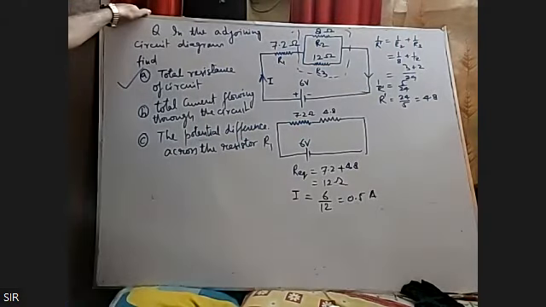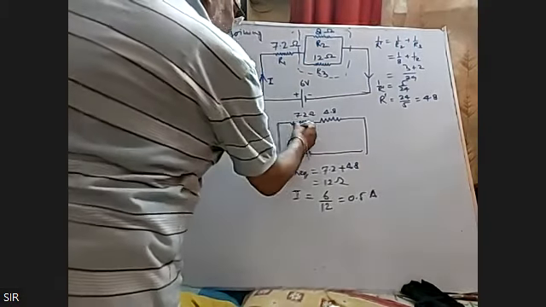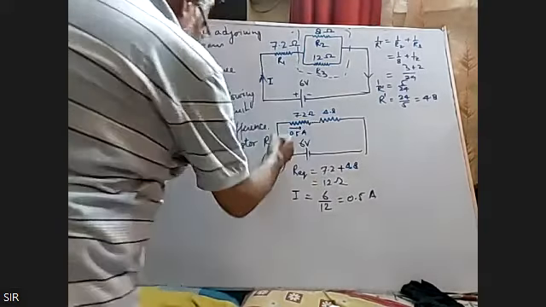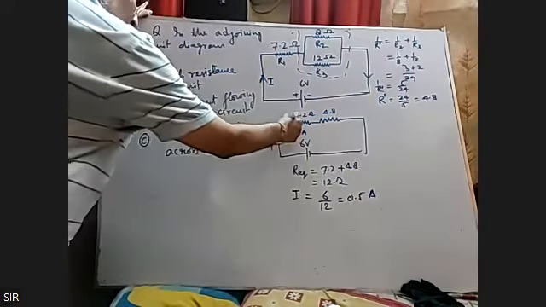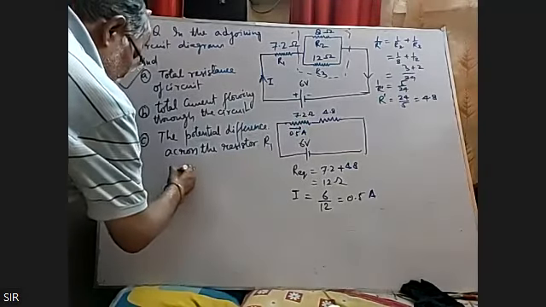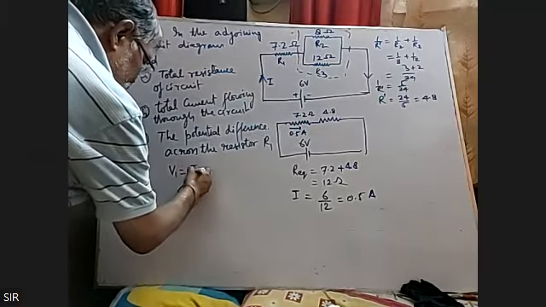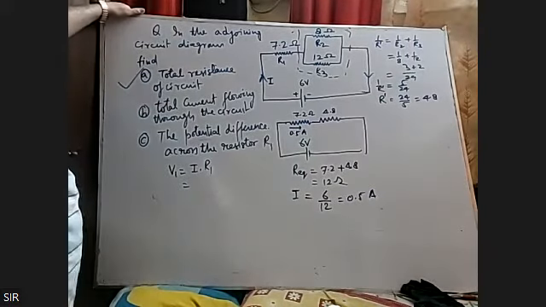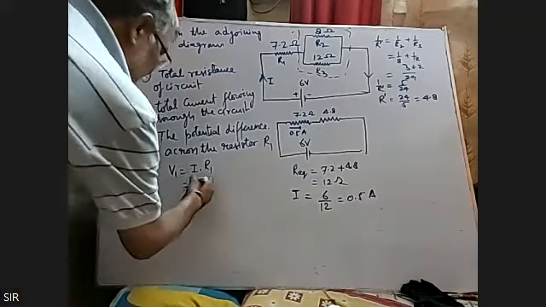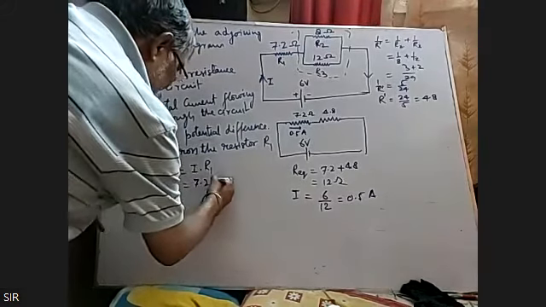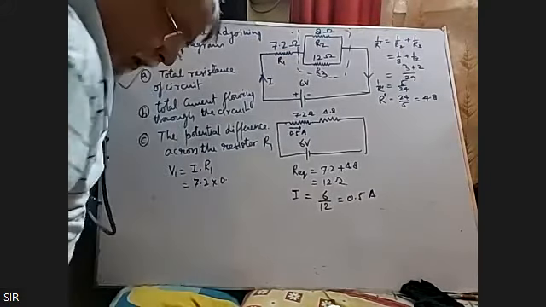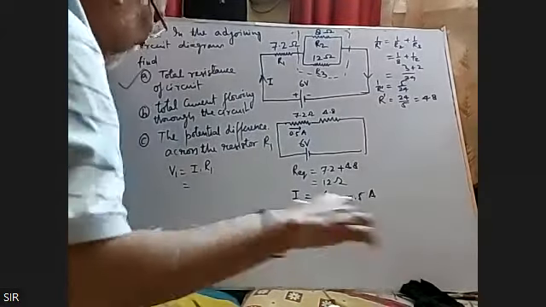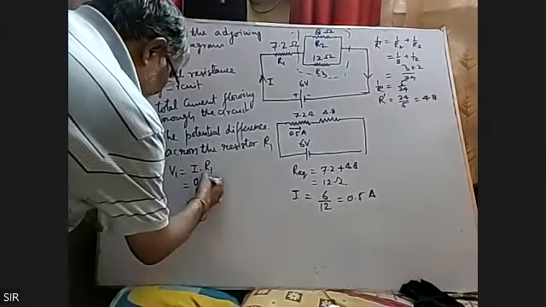Now 0.5 is passing through this or not? Yes. So what will be the potential difference across R1? V1 will be I into R1 or not? So 7.2 multiplied by... sorry, I is 0.5 multiplied by 7.2, or not?